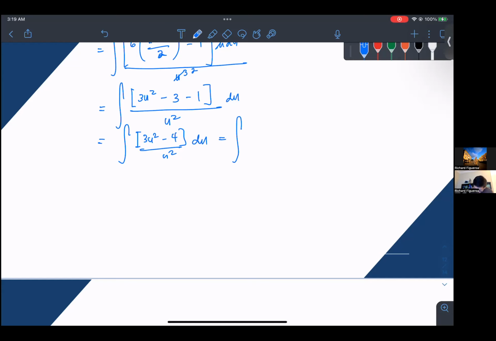So which is the integral of 3 minus 4 over u squared, which is u to the negative 2. For the last term, we have negative 4 u raised to negative 2 plus 1, it's negative 1, all over negative 1, plus c. So 3u will become plus 4 all over u plus c. Negative and negative, so positive, then u to the negative 1 will become u at the bottom part.